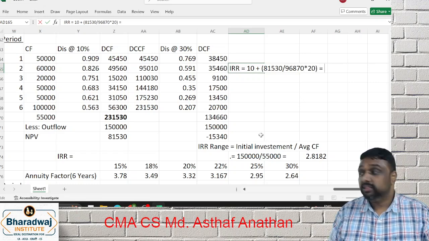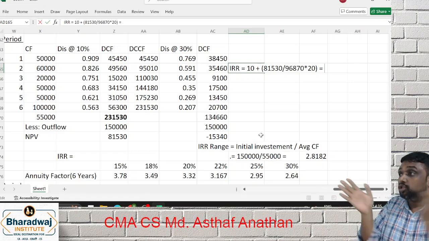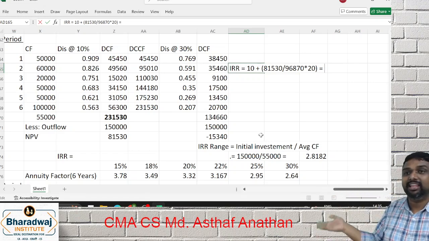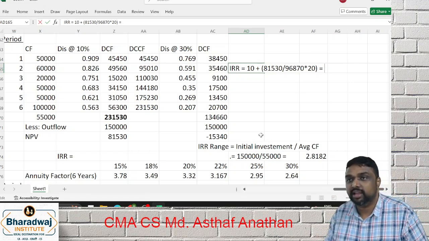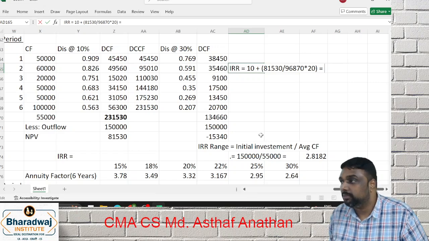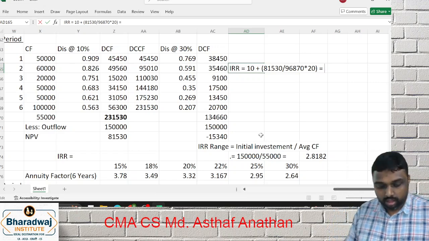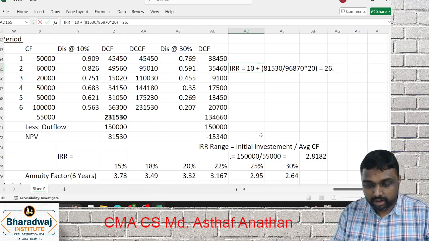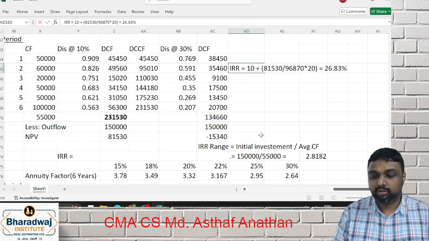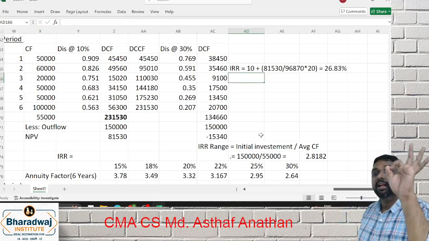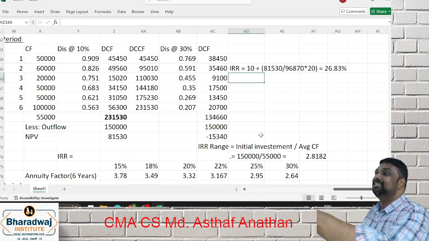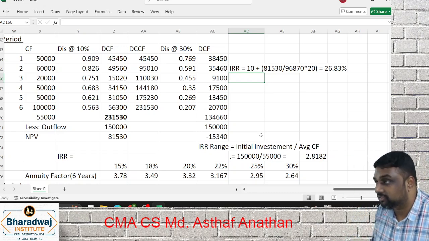Difference 20. This is why I told you, if you take close numbers, more accuracy will come. But here it is for understanding. That is why I will do this. So what will you get, my dear friends? 26.83. This is how at 26.83 you will get NPV 0.